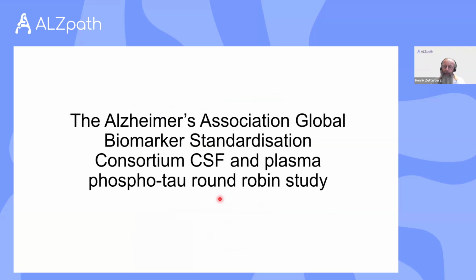We have been working together with the Alzheimer's Association and the different companies and research groups that have developed phosphorylated tau assays and made a relatively big round-robin study, big in terms of the number of assays that were compared. The number of samples is just around 40.